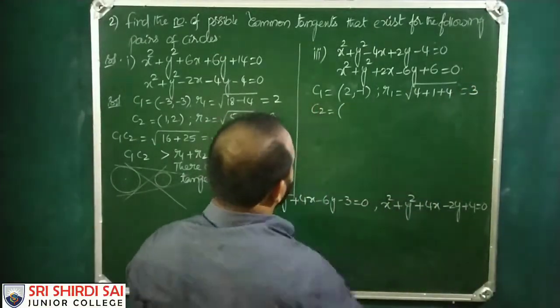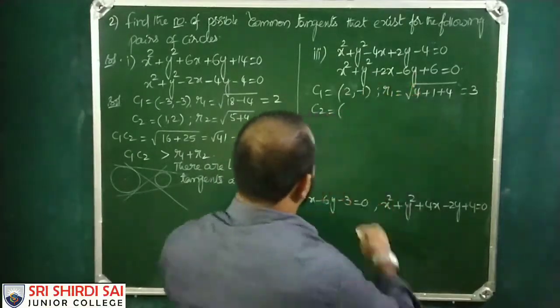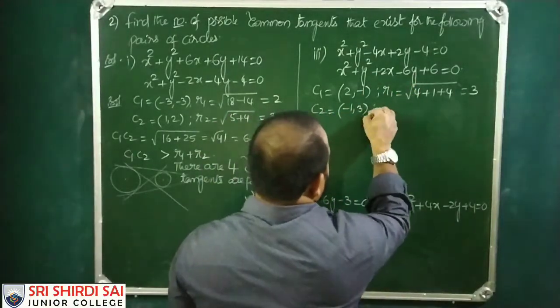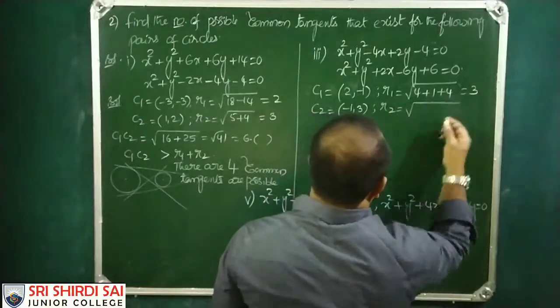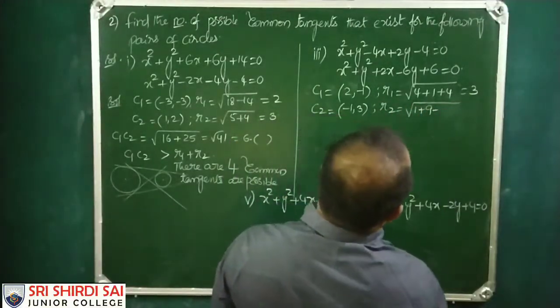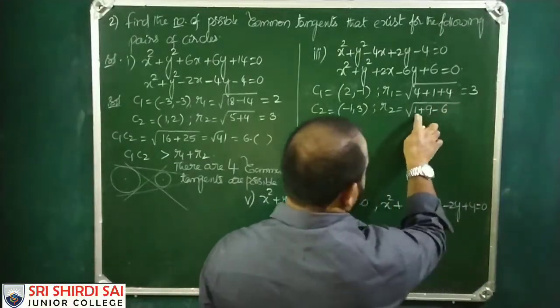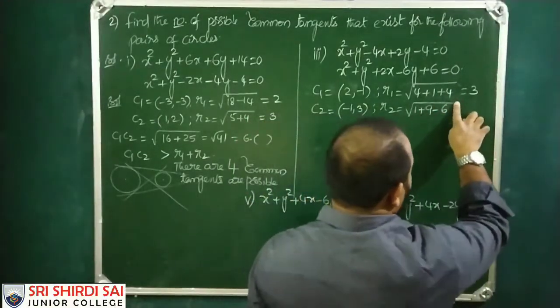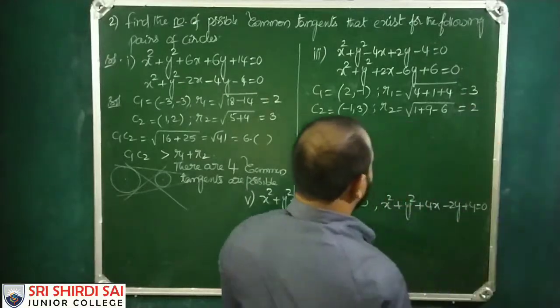C2 is equal to (-1, 3). Radius R2 equals the square root of 1 + 9 - 6, that is 10 - 6 = 4 under root, which is 2.